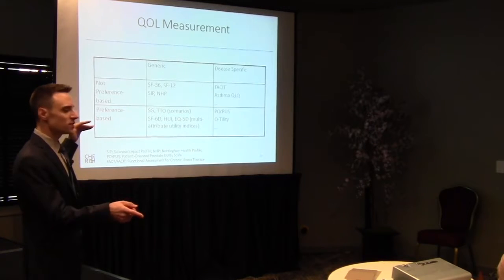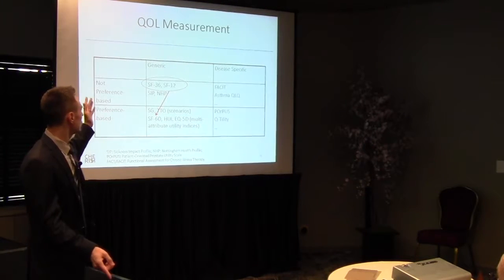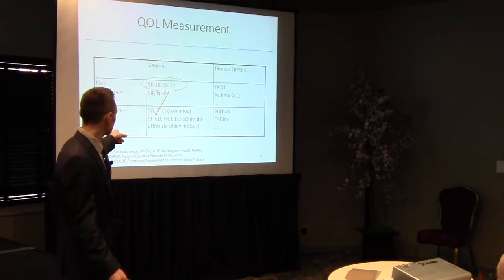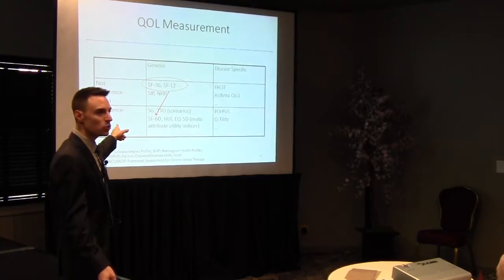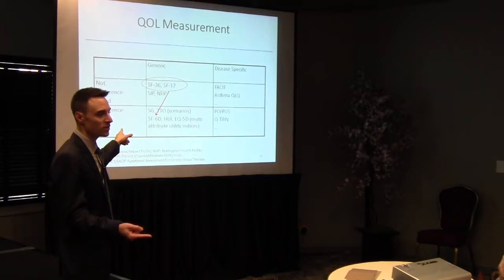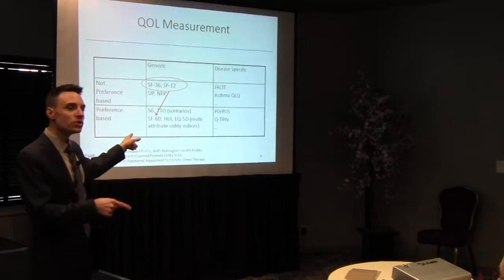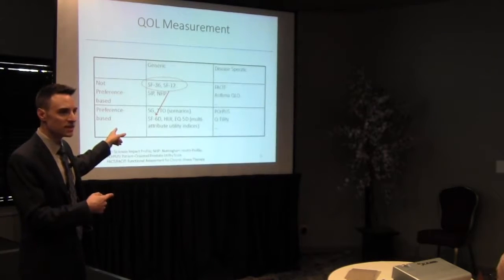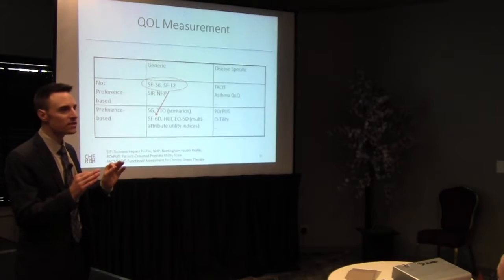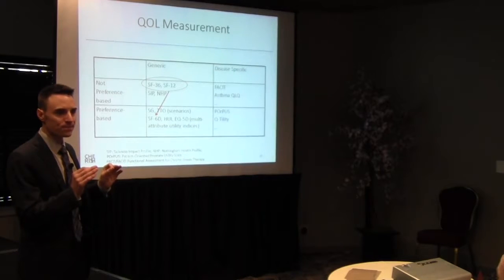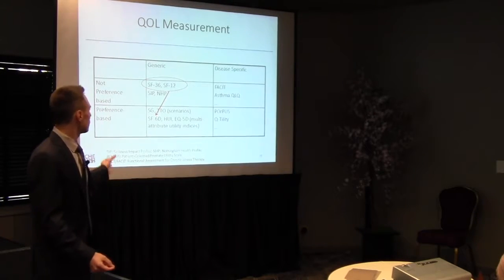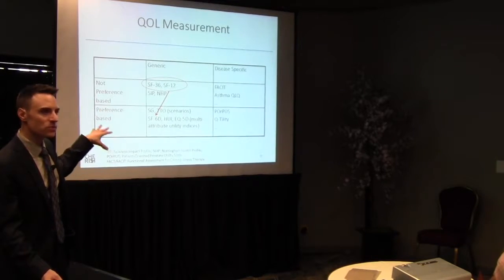And the nice thing is, on the next slide, we'll see that the SF36 and the SF12 have been mapped to the SF6D, which we can then use to calculate utility values. So you can use the SF36 or the SF12, map it to the 6D, get those health states, and calculate utility values associated with that.